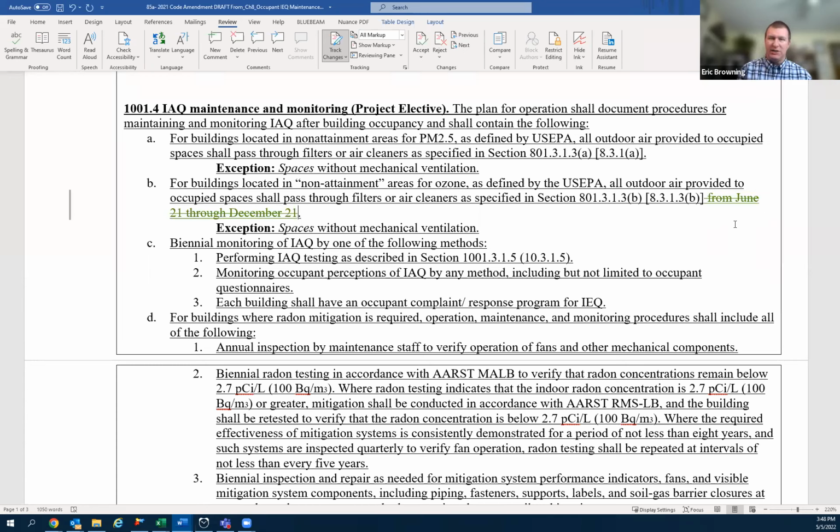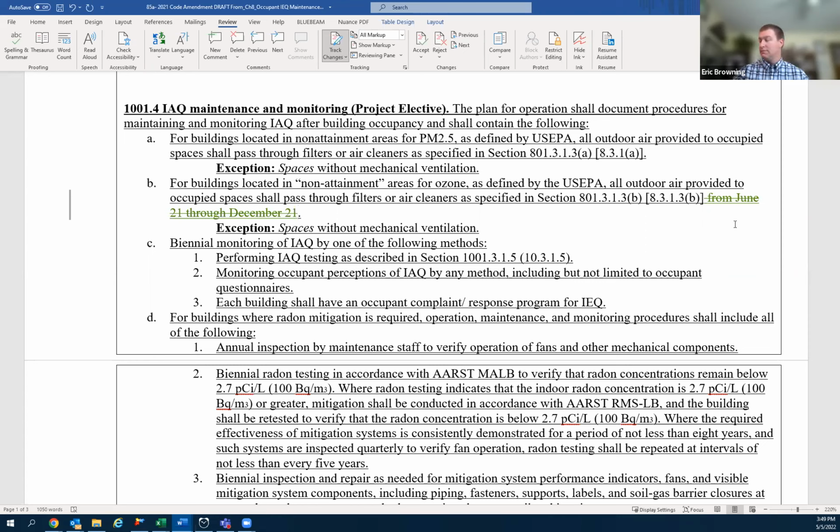I apologize, Mr. Moderator. I'm not sure if we're at the point where I can make a motion. Okay. Well, in that case, I will make a motion to delete the date range there in item B, which would in effect require it all year round. I'll second.